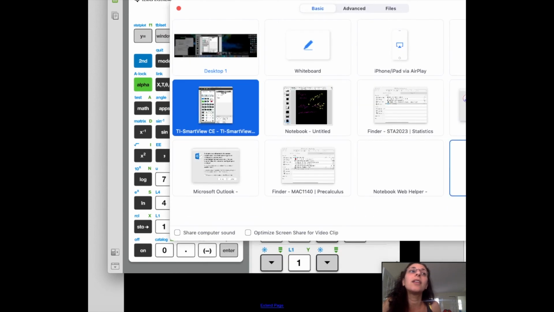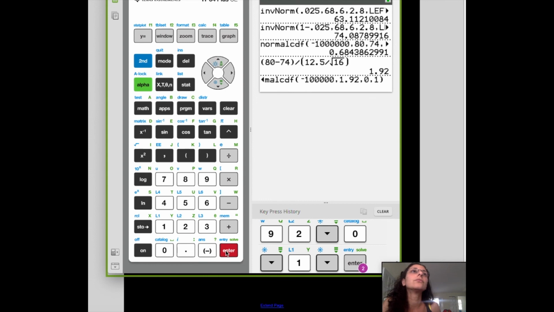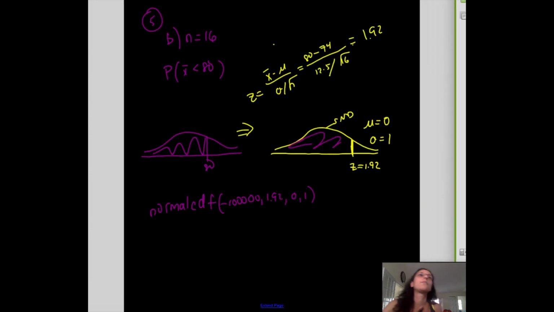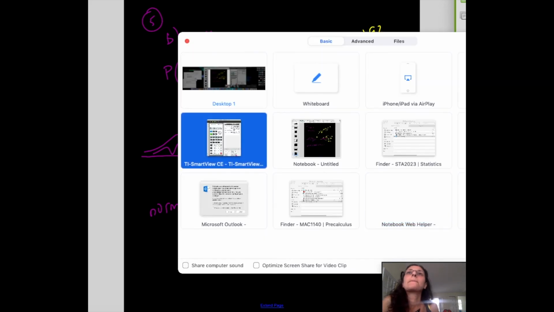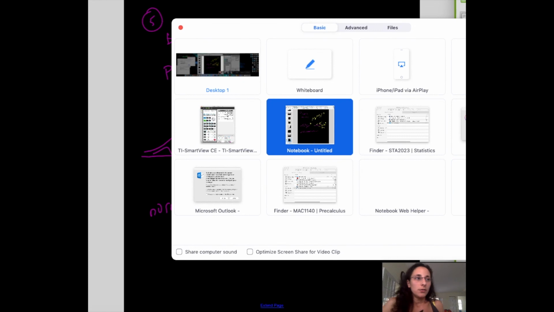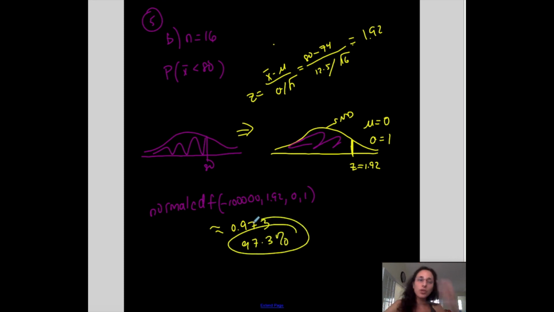Don't forget, you converted it. That gives approximately 0.9725, 0.973, or 97.3%.